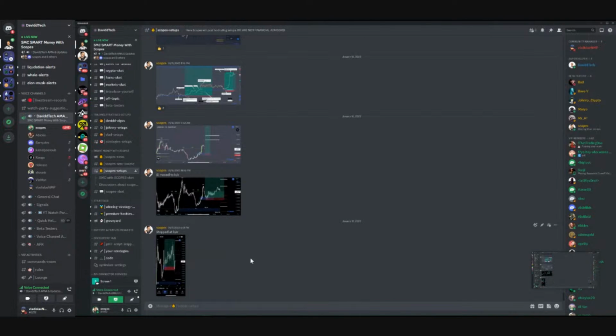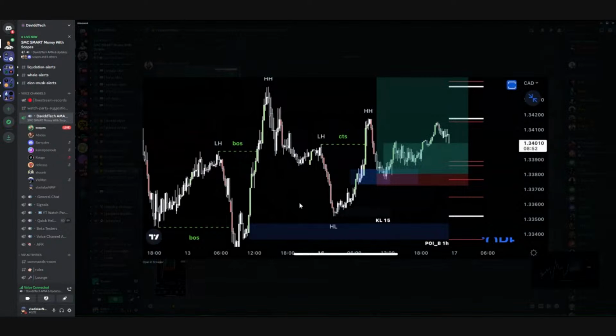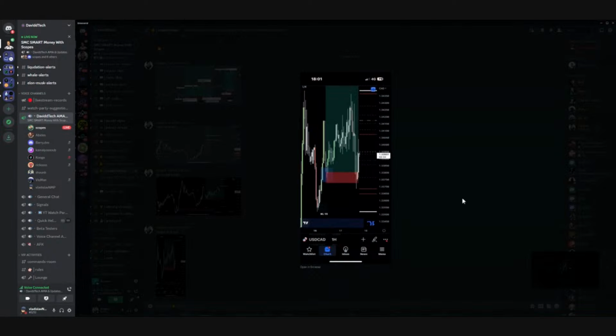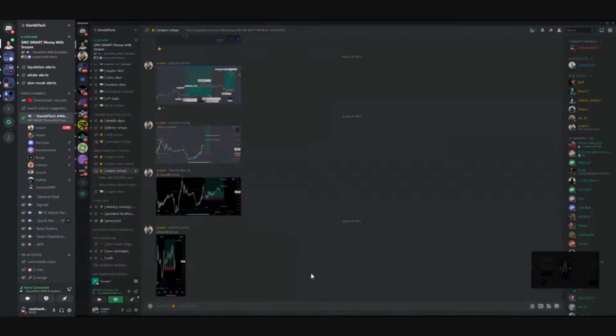So I'm not giving you... this was that USD CAD trade I just showed you. Look, the dollar put me in, then obviously if I'd targeted the highs, I would probably have got a couple of percent.